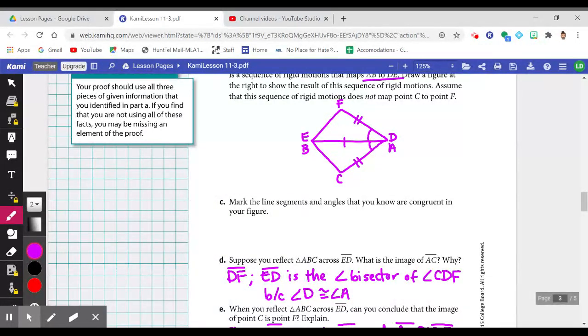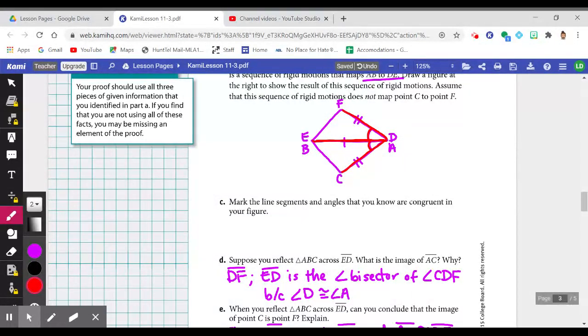Well, we know it's line segment DF, but now instead of viewing ED as a perpendicular bisector, think about what it's doing to these two congruent angles. This is actually the converse of the definition of angle bisector. What ED is doing is cutting this angle CDF into two congruent angles. That's another way of looking at it.